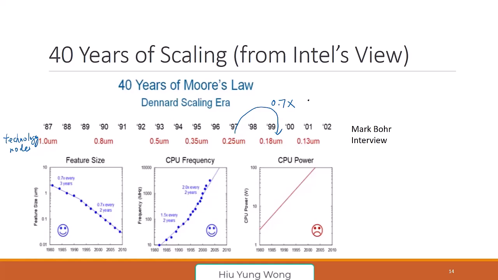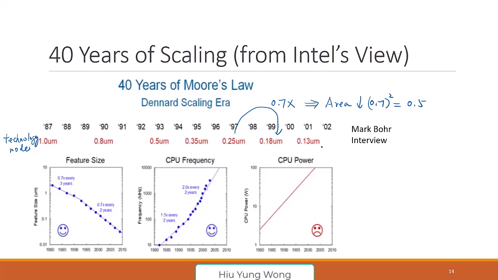If the length is reduced by 0.7, then the area is reduced by 0.7 squared, which is 0.5. This is exactly what Dennard envisaged. We reduce by 0.7 every generation, so I can put double the transistors. And at the same time, the frequency keeps going up.